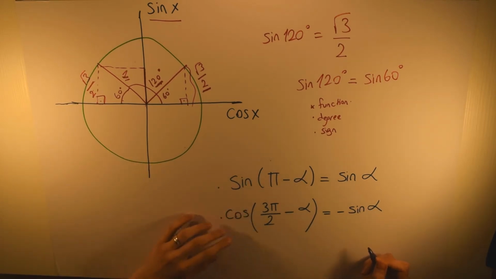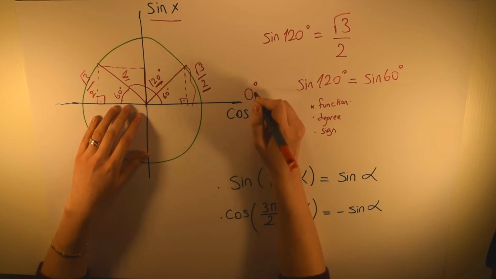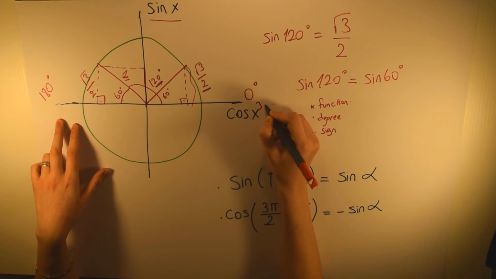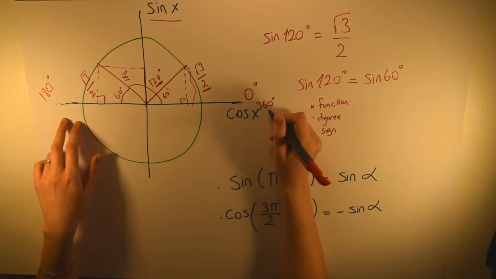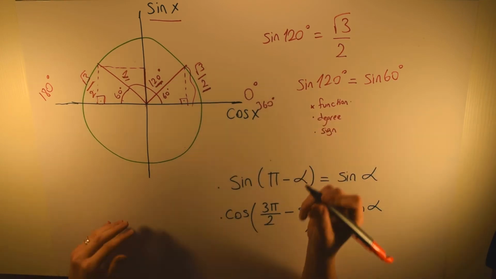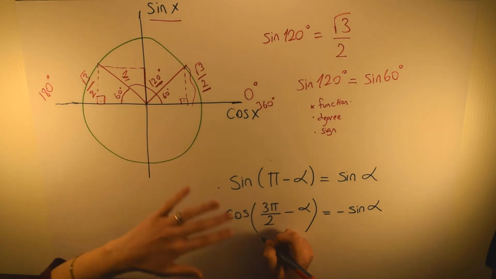So first you look at the function, as I said before. At the horizontal line, we have here 0 degrees, 180 degrees, and here also 360 degrees, right? And on this line, the function doesn't change. So here we have our cosine, and the function doesn't change.